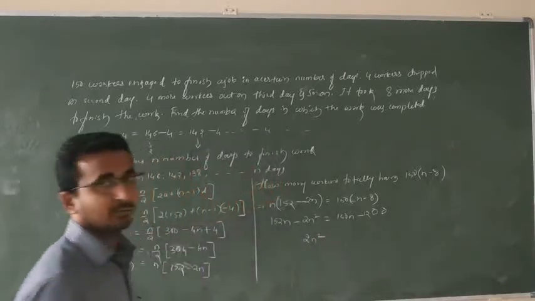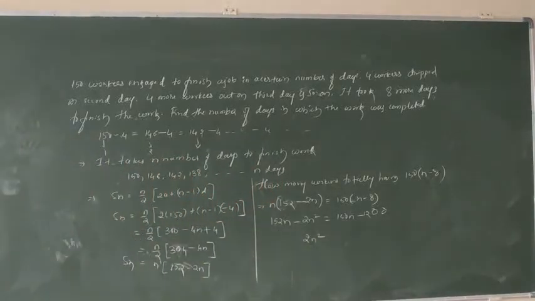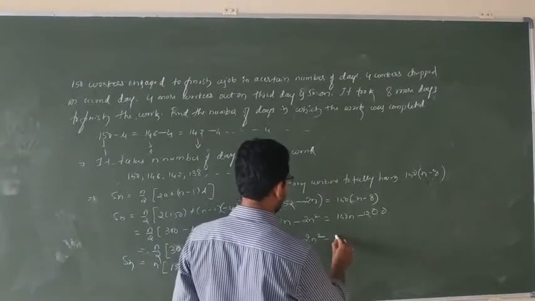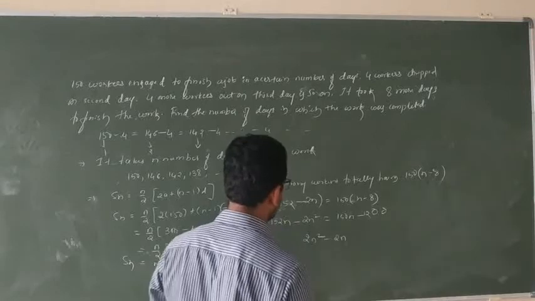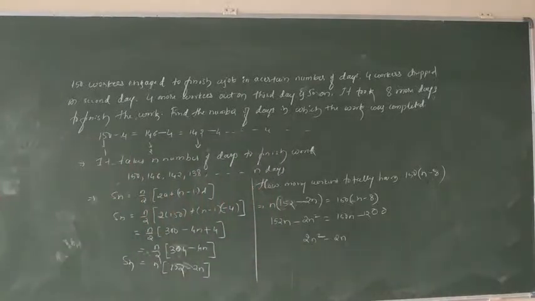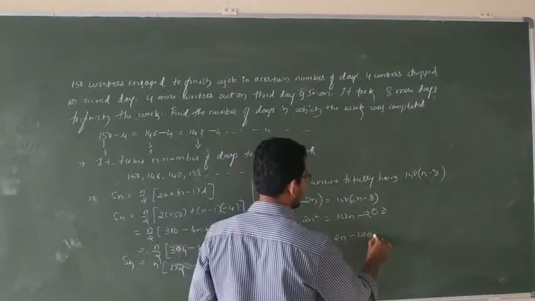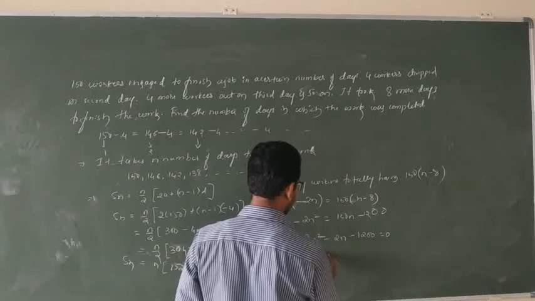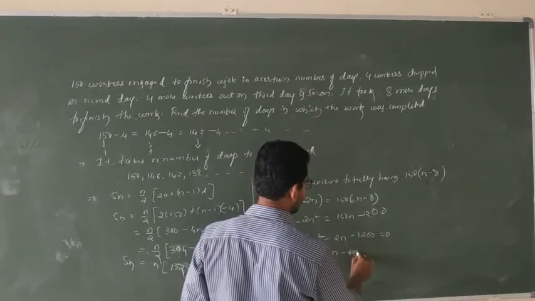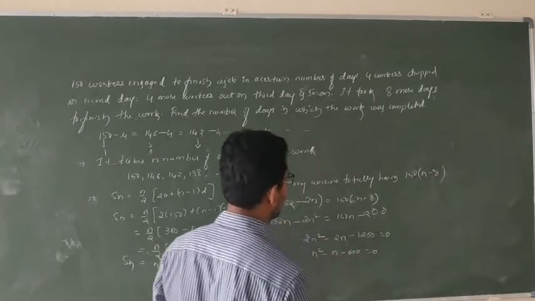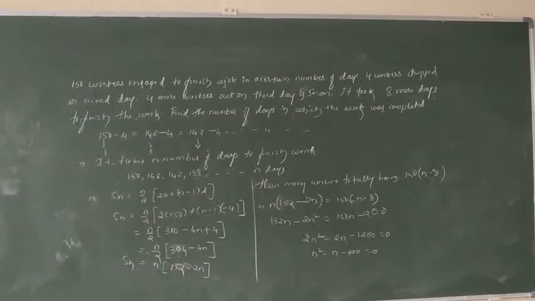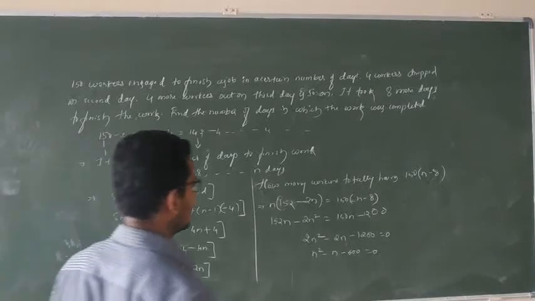Then the equation we are going to get is 2n square minus 2n minus 1200 equals 0. So if I take 2 as a common factor, n square minus n minus 600 is equal to 0. By multiplying we have to get 600, and by adding or subtracting we have to get minus 1.